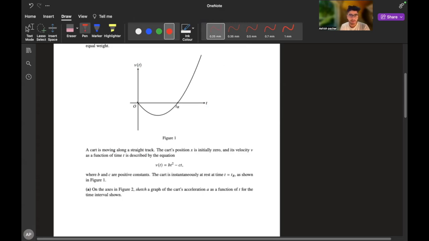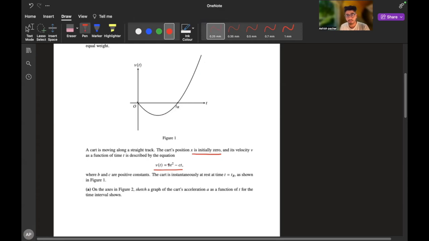A cart is moving along a straight track, and the cart position x is initially zero, as they mentioned. The velocity as a function of time is described by this equation. This is a quadratic expression, and they have already given the graph for that one.